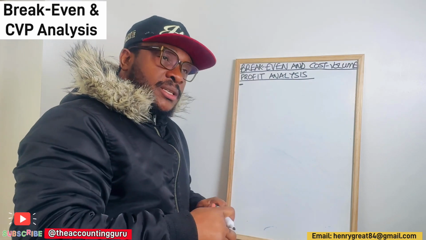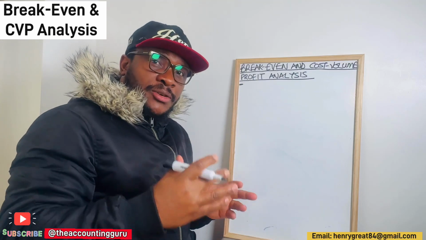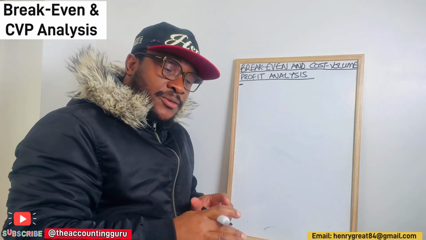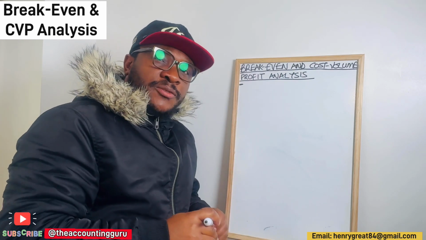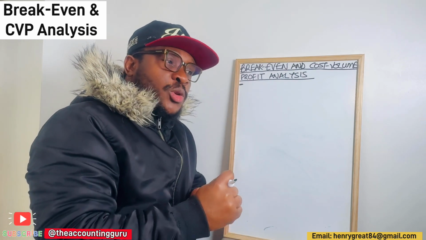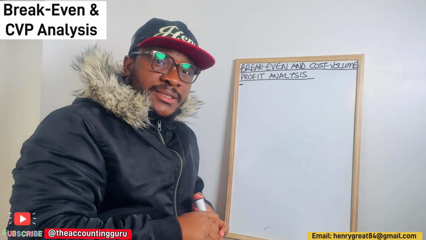The relationship between units sold and variable cost is direct or positive. The fewer units we sell, the less variable cost we incur. No units sold or produced means no variable cost is incurred.